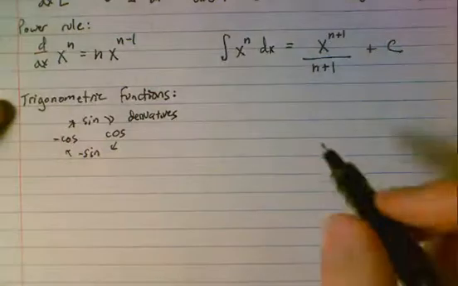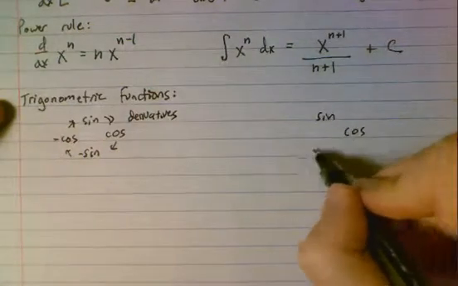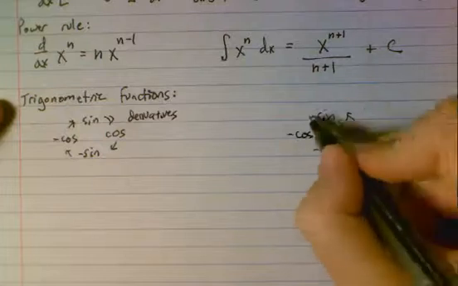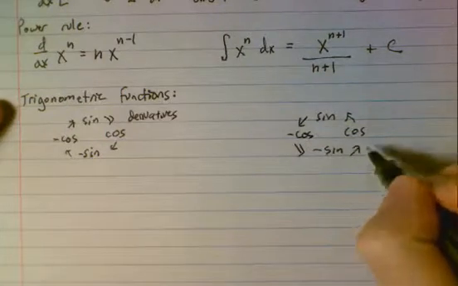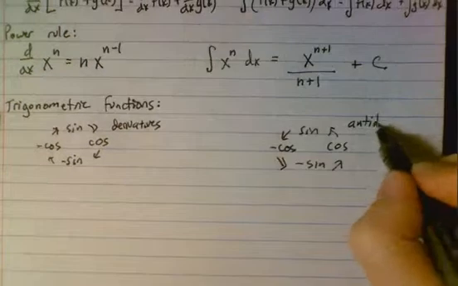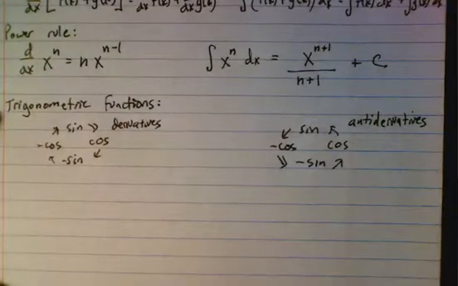The antiderivatives just go the other way. Instead of circling clockwise, they circle counterclockwise, like so.